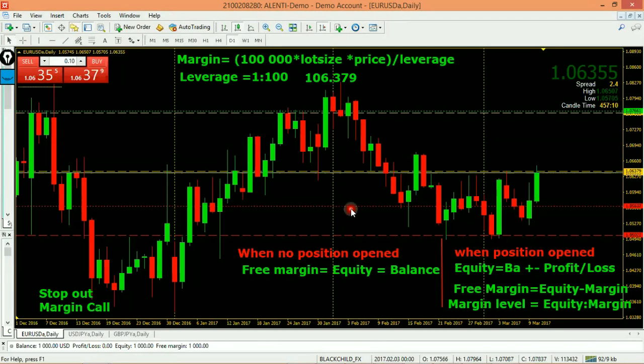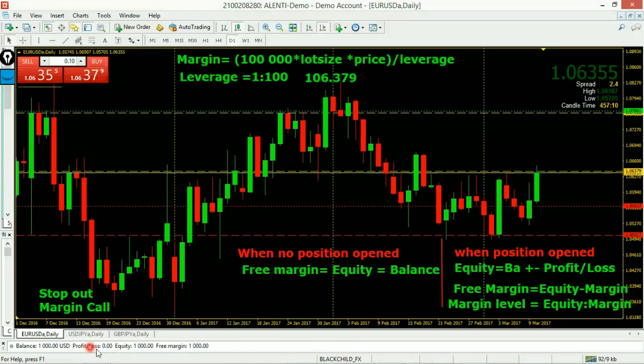When your transaction is making profit, which means you're making positive pips, the price is going in your favor, you'll see your profit increasing. And if your transaction is making a loss and making negative pips, you'll see your profit and loss figure decreasing, and so do your equity and your free margin.